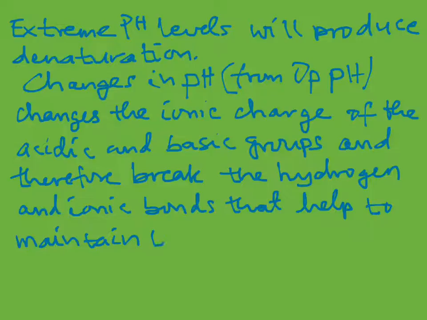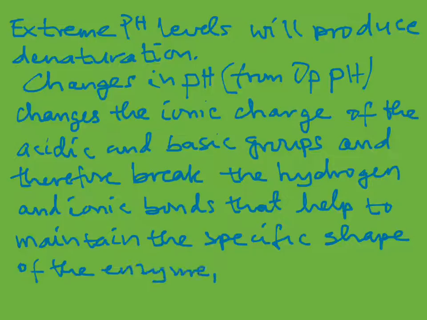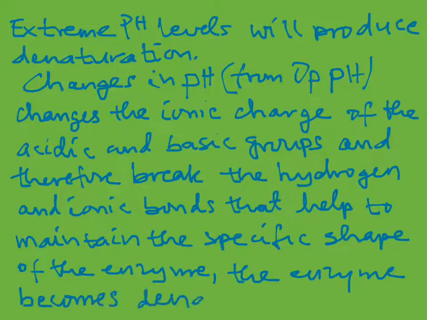At 7, it is neutral, and from 7 to 14, it is alkaline or basic. If you don't understand this, you will not understand what we are talking about, because that is the pH scale.